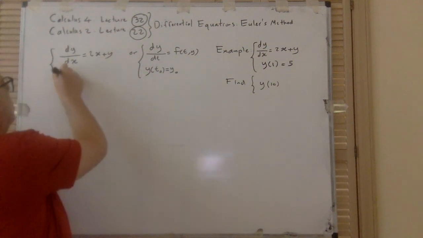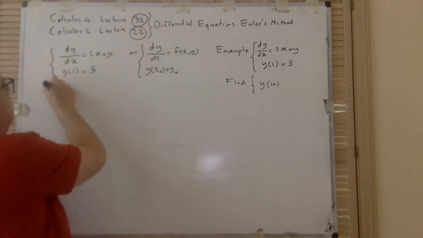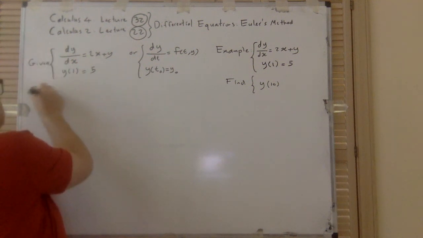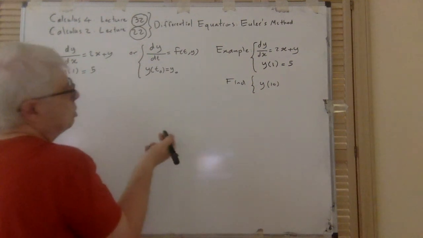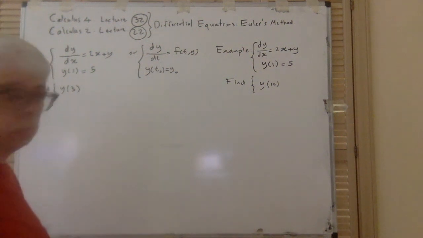Let's assume that y at 1 is, say, 5, and find y at, let's not go 10, let's do 3, because it's just too much.